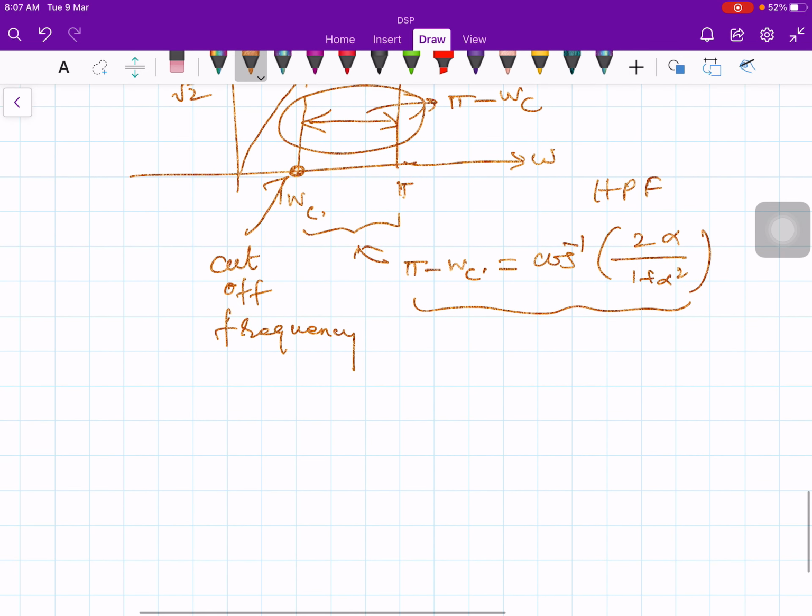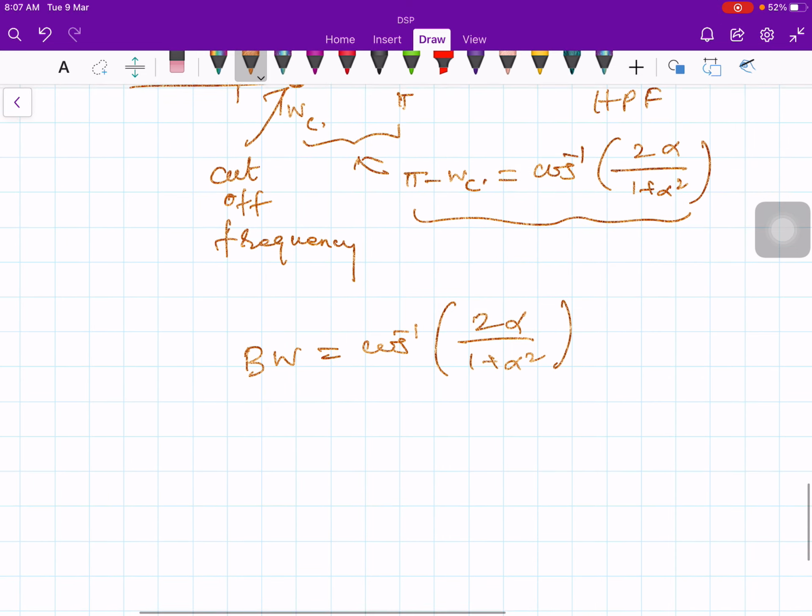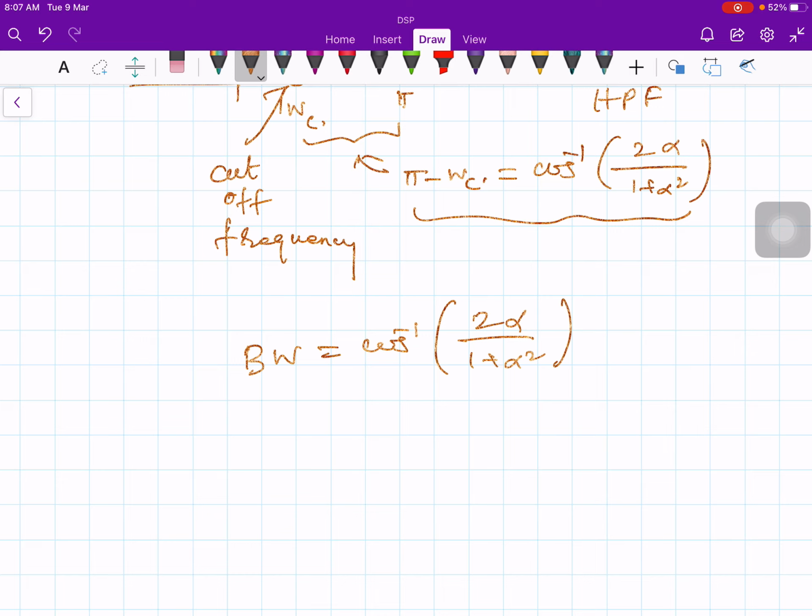Okay, and once again, if you want to find alpha for a given bandwidth, then you have to solve the quadratic equation. Okay, so bandwidth is equal to cosine inverse of 2 alpha divided by 1 plus alpha square. So cosine of bandwidth is equal to 2 alpha divided by 1 plus alpha square.